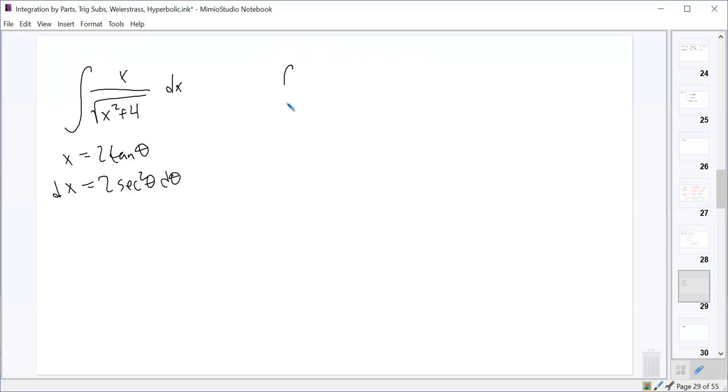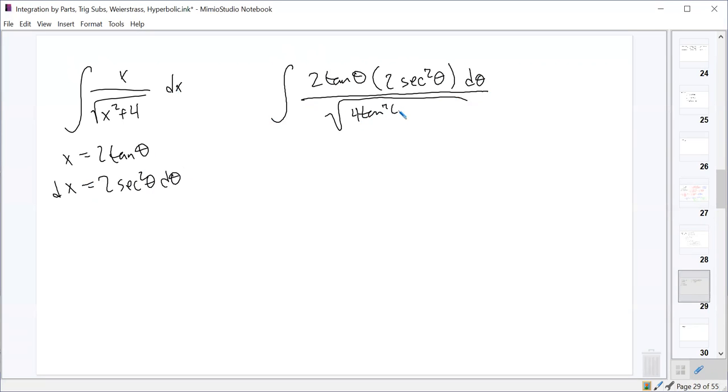And this would become an integral of x, so 2 tangent theta in the numerator, times dx, which would be 2 secant squared theta d theta in the numerator, divided by the square root of, we're replacing our x's, 4 tangent squared theta plus 4.